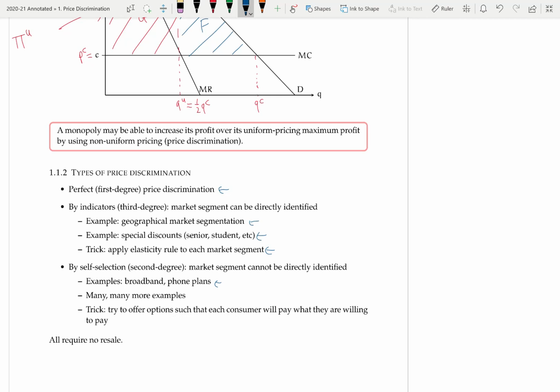Now I should note that all of these types of price discrimination require that it's not possible or it's costly to resell to someone else. This is necessary because, for example, if we think about movie tickets, if you could easily buy a ticket at the student price and resell it to an adult at a higher price, then you would be able to make some money.